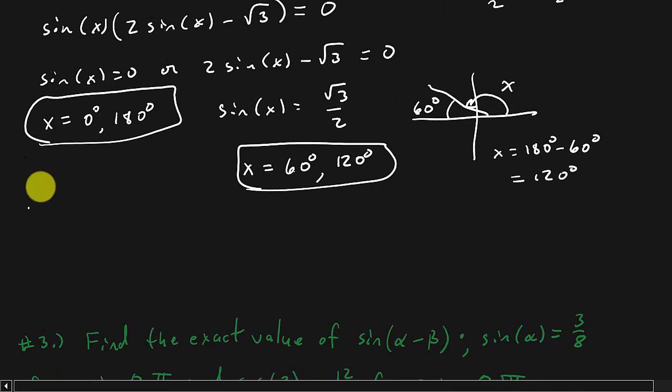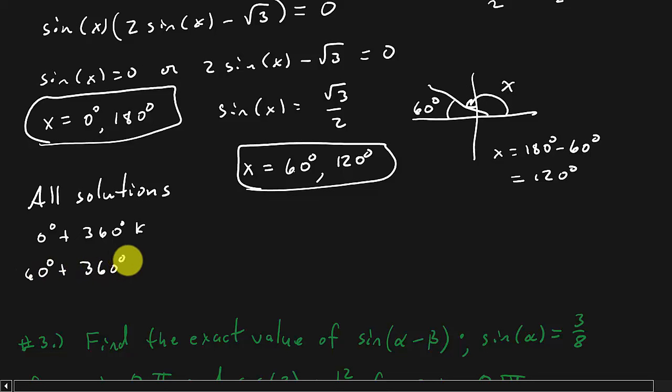So what if they want all solutions? Well, that's just going to be 0 plus 360 times k, 60 plus 360 times k, and then we've got 120 plus 360 times k, and then 180 plus 360 times k.